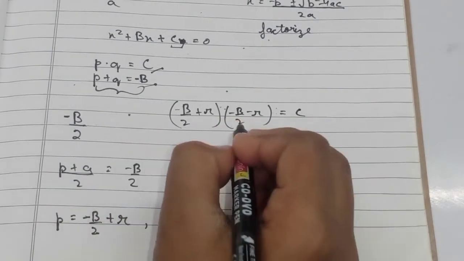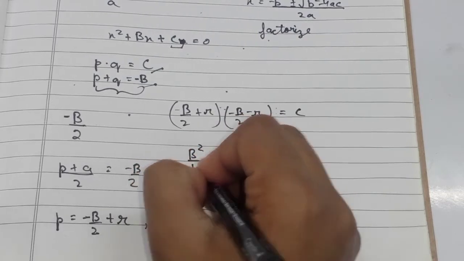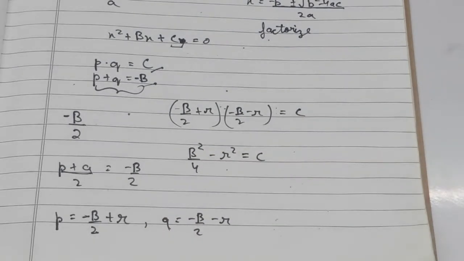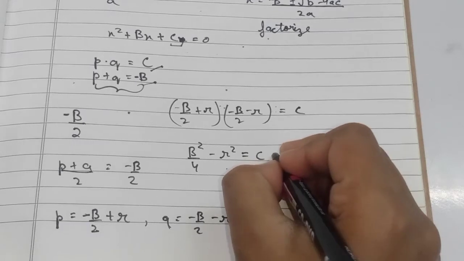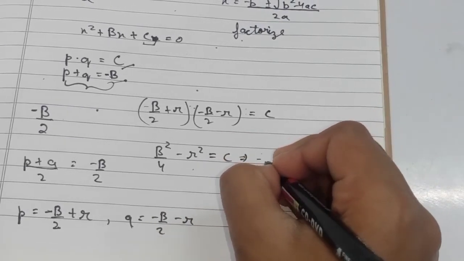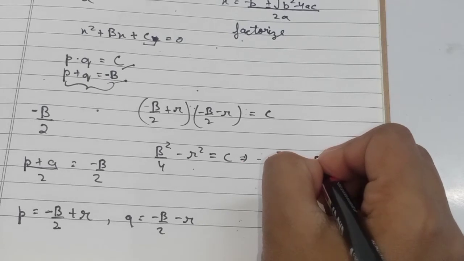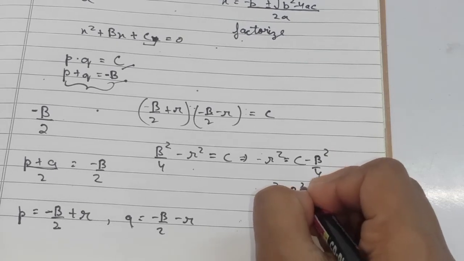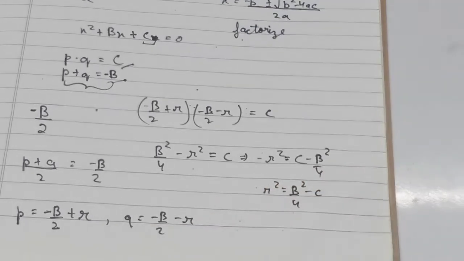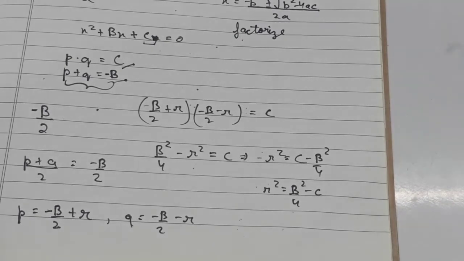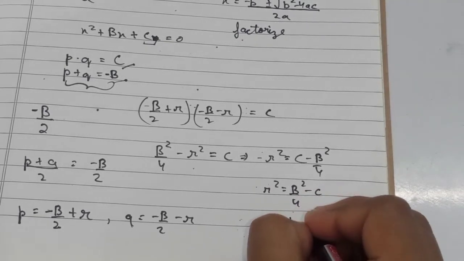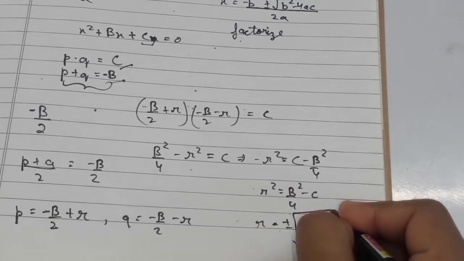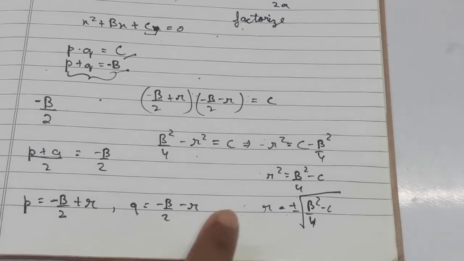So if we square this, using the difference of squares, we get b square upon 4 minus r square equals c. So minus r square is equal to c minus b square upon 4, and this gives r square is equal to b square upon 4 minus c, right? And from here our r is just plus and minus the square root of b square upon 4 minus c. So this is the value of r.